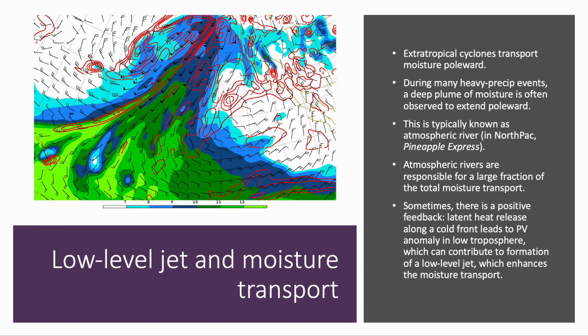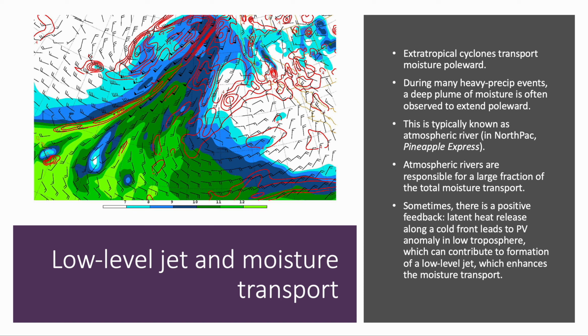And there are many cases, like the one represented here, where there are systems that advect a lot of moisture out of the tropics, okay? And these are plumes of moisture that is sort of taken from the tropics and brought towards higher latitudes. And these are really, really important in the transport of moisture on the planet.